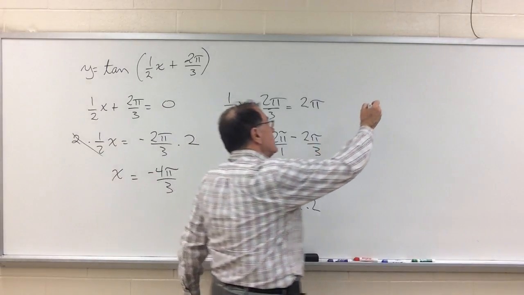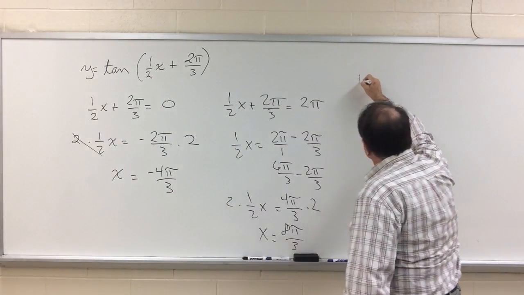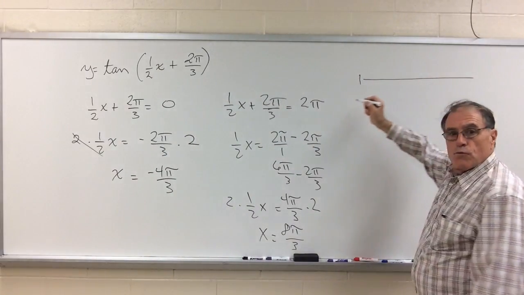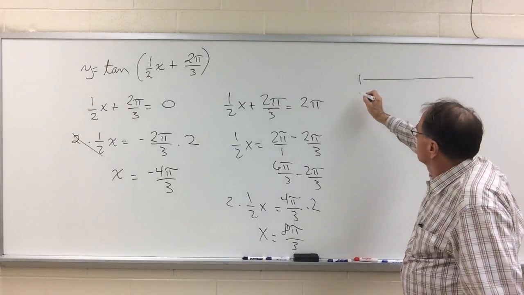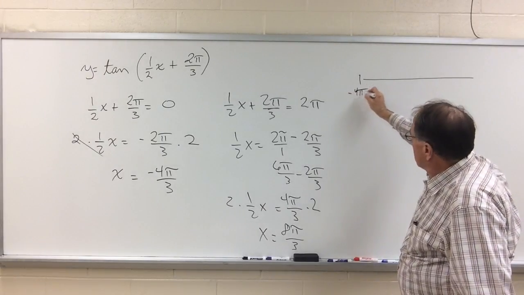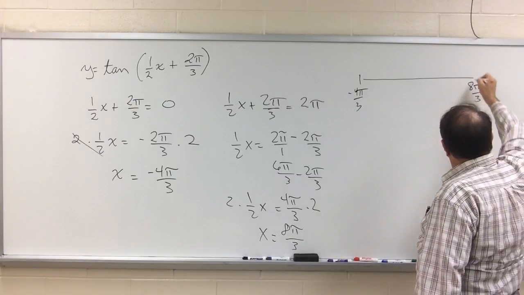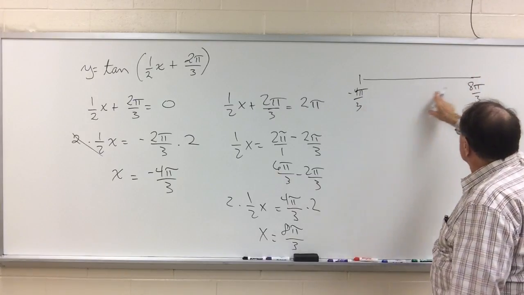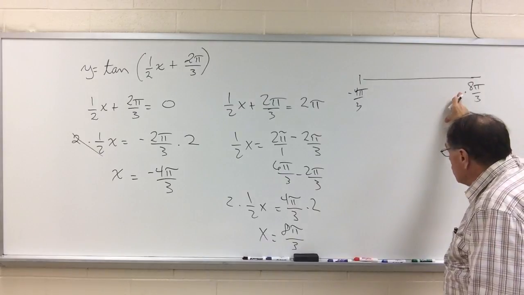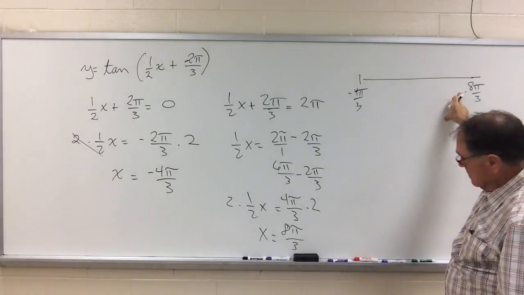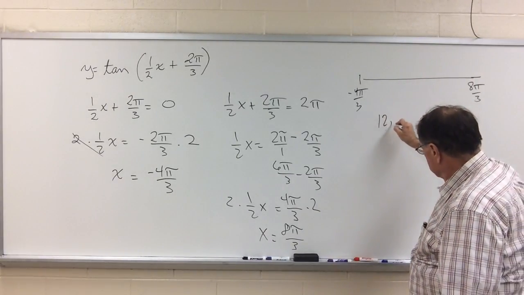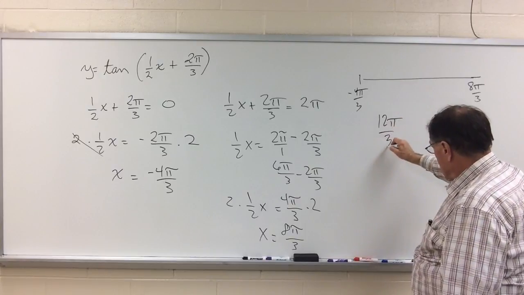So let's take a look at that increment. From negative 4 pi thirds to 8 pi thirds is a distance, or a period, of 12 pi thirds, or 4 pi.